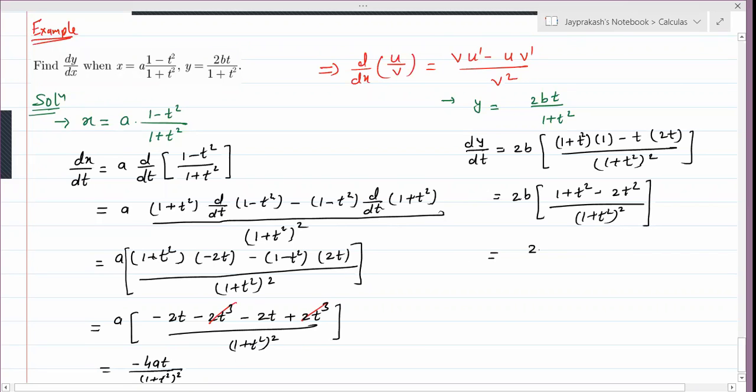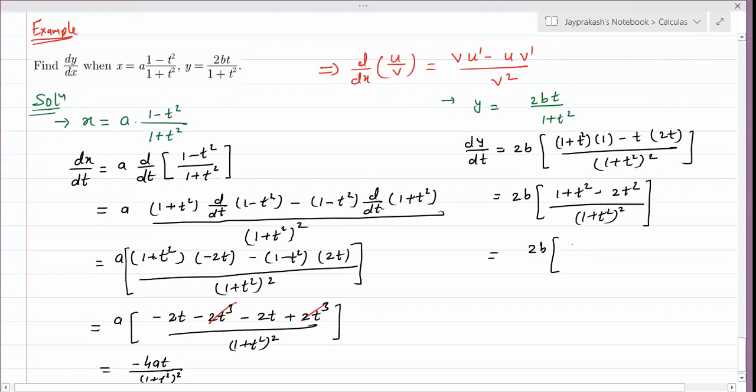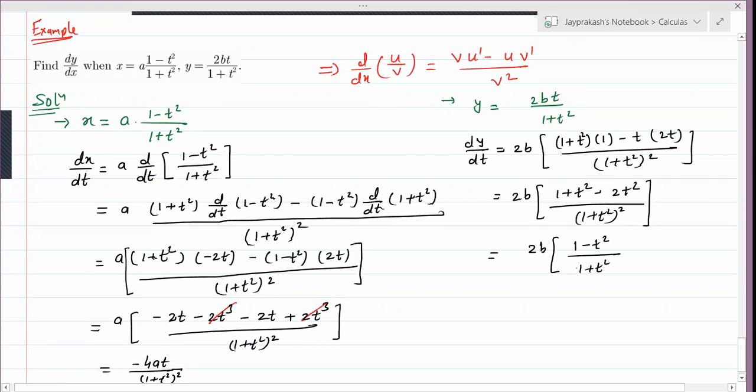So 2b (1 minus t square) upon (1 plus t square) whole square.